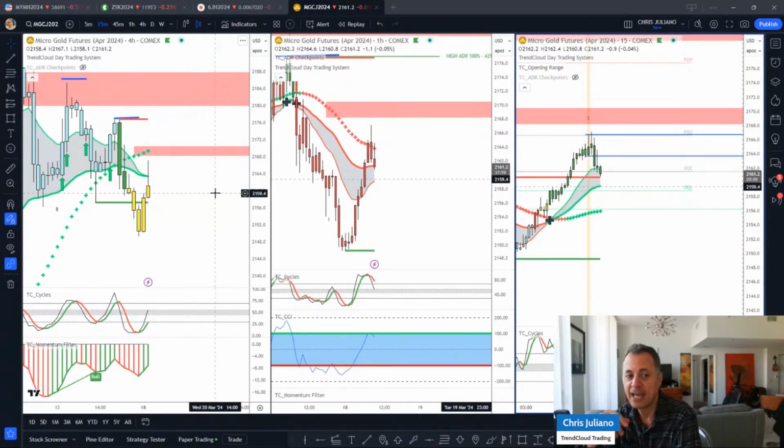Instead of just taking every single supply and demand zone that you see, like, oh wow, this is a really nice looking supply or demand zone. Okay, great, you've got a nice formation there. What about the trend direction on the higher time frame and on the middle time frame? What about momentum? Do we have trend and momentum at least on 2 different time frames in alignment with each other?